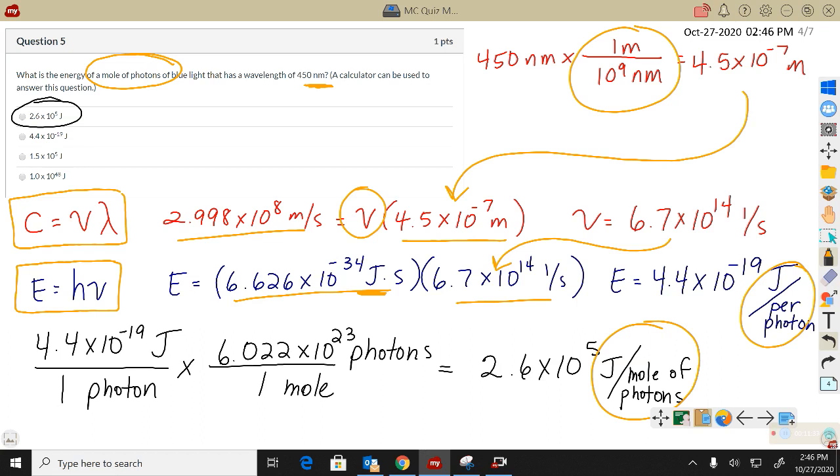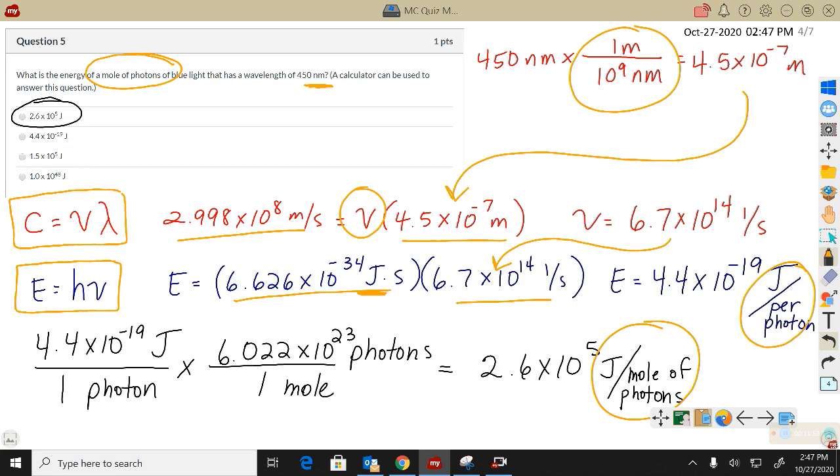Now, obviously, we could also go backwards, and we could say, I have this much energy per mole of photons. I could divide by 6.022 times 10 to the 23rd to figure out how much energy that is per photon.